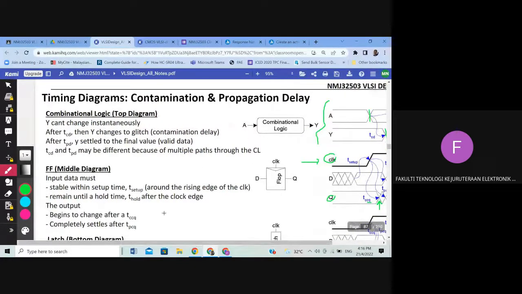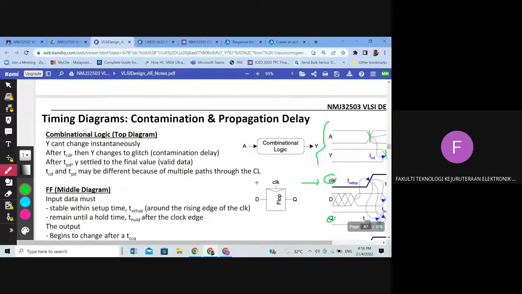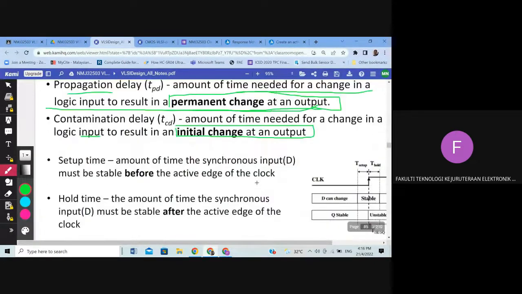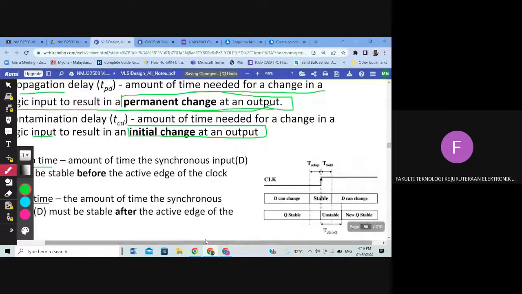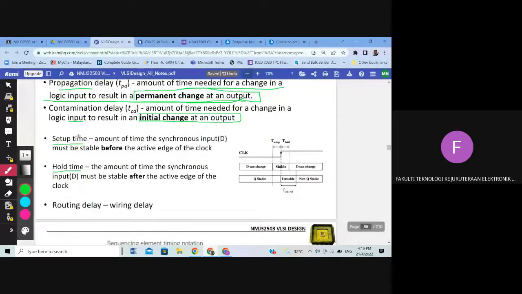And we have another two definitions for flop, which are setup time and hold time. We can see the diagram here. Maybe I can make it smaller. Setup time and hold time. This is a clock, and this is the rising edge of the clock.